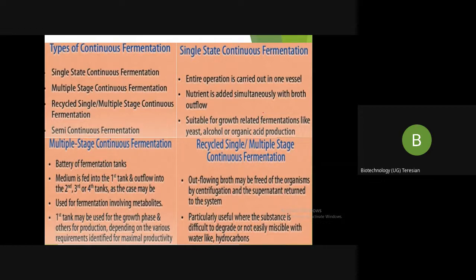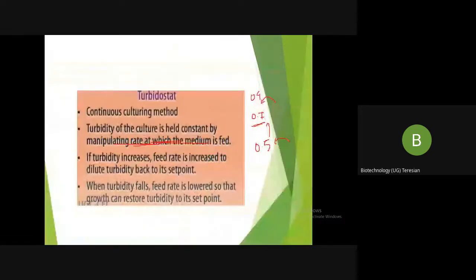The rate at which the culture is diluted is governed by the growth rate and the yield. So we are keeping everything constant, but the dilution can be variable. That will be the variable factor here.